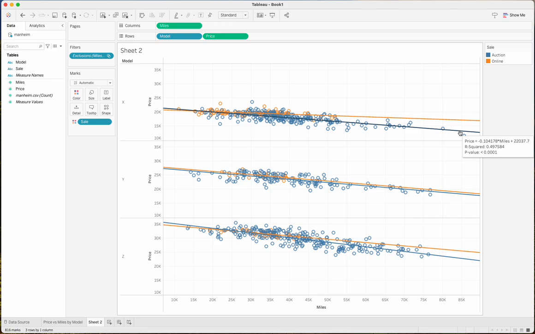But if that same car was sold at auction, that additional mile is going to cost 6 additional cents. So the car loses 10 cents instead of 4 cents, right? For every additional mile for X model cars. And this holds true for Y and Z model cars as well, right? And so trend lines allow us to look at the relationships between different pieces of continuous data.